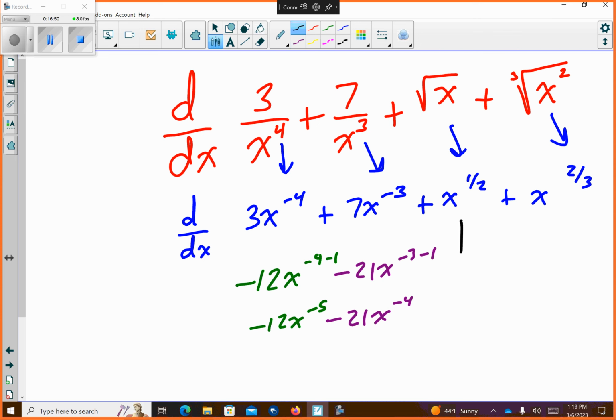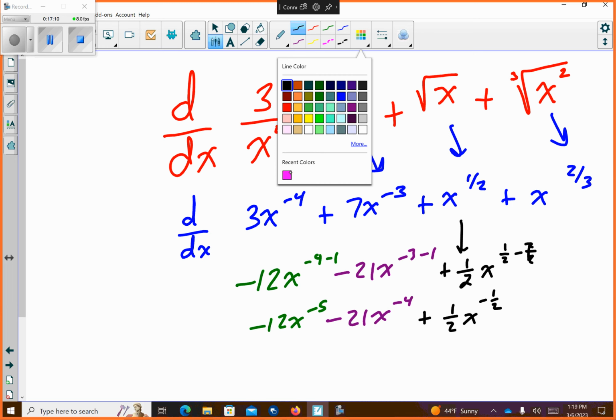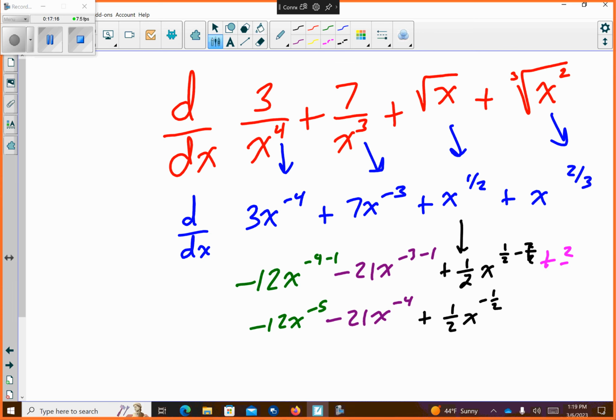Then I have this one. This is going to give me plus 1/2 x to the 1/2 minus 1, which is 1/2 x to the negative 1/2 power. And then the last one, I'm going to go plus 2/3 x to the 2/3 minus 1.